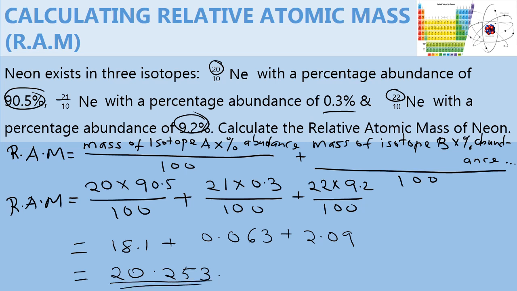When you look at your periodic table, you will see that the relative atomic mass of neon is given as 20.253, or sometimes it could be rounded off to 4 significant figures and given as 20.25.